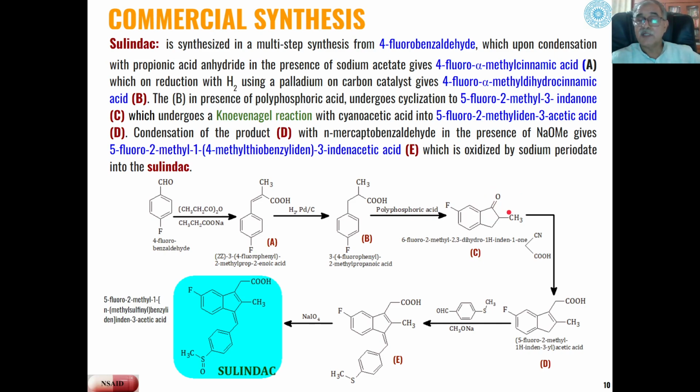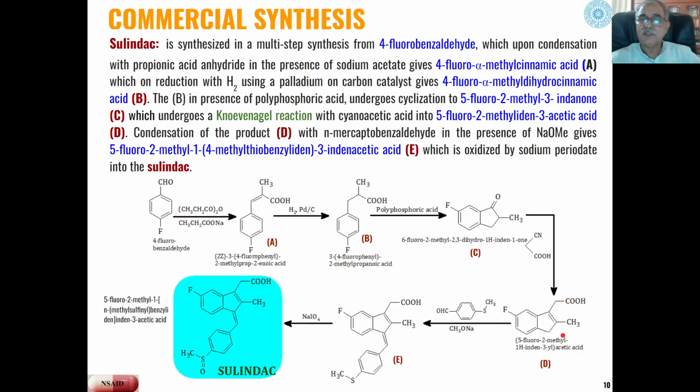Basically a Michael-type addition will take place, and we will get these indene acetic acid derivatives as the product. Basically we will get 5-fluoro-2-methylindene-3-acetic acid.